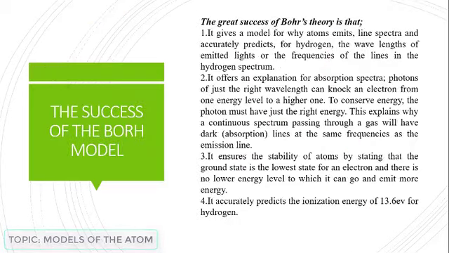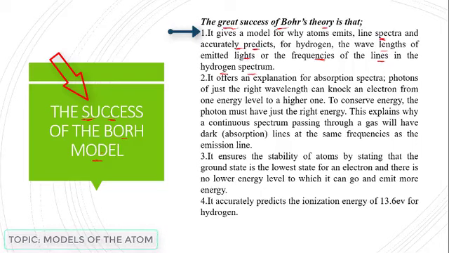Now, Bohr's model was very successful compared to both Thomson's and Rutherford's models. There are about 4 reasons why his theory was a great success. The first reason is that his model gave a reason why atoms emit line spectra, and he accurately predicted for hydrogen the wavelengths of emitted lights or the frequencies of the lines in the hydrogen spectrum.